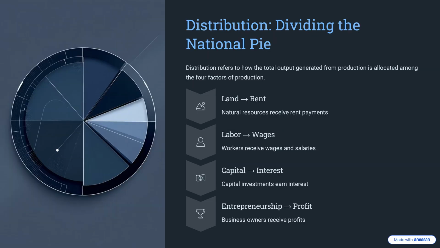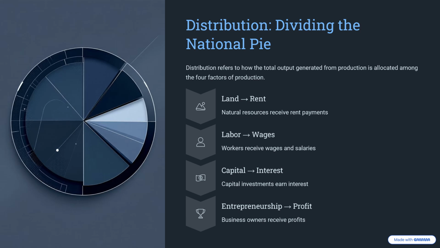The fourth division of economics is distribution, which explains how the national income is shared among the various factors of production. It studies the determination of rent for land, wages for labor, interest for capital, and profit for the entrepreneur.